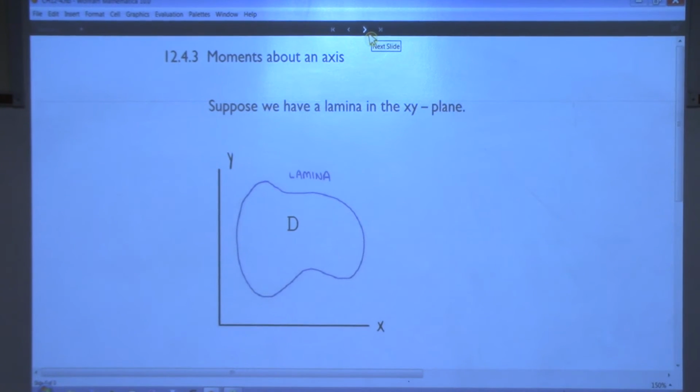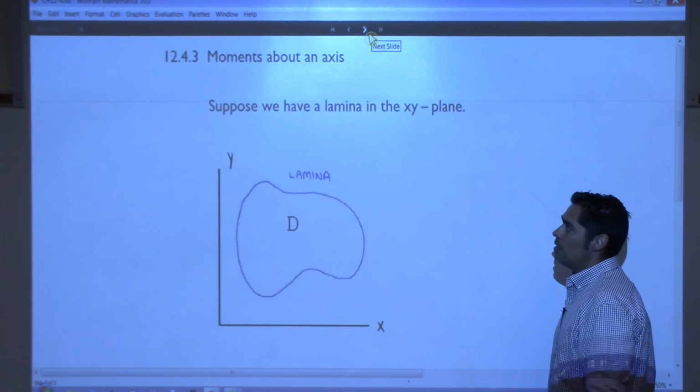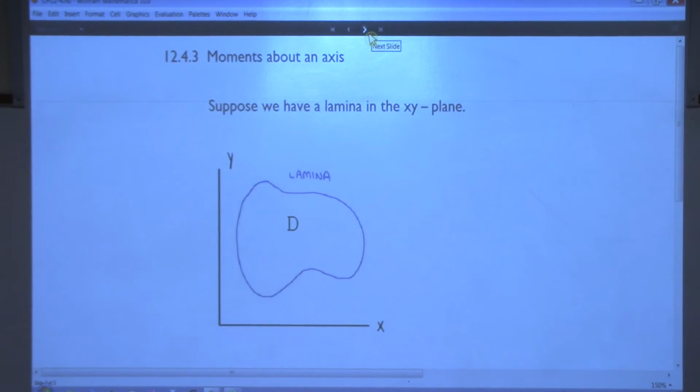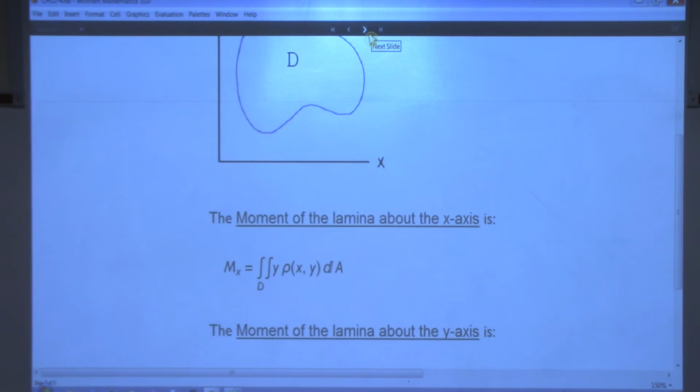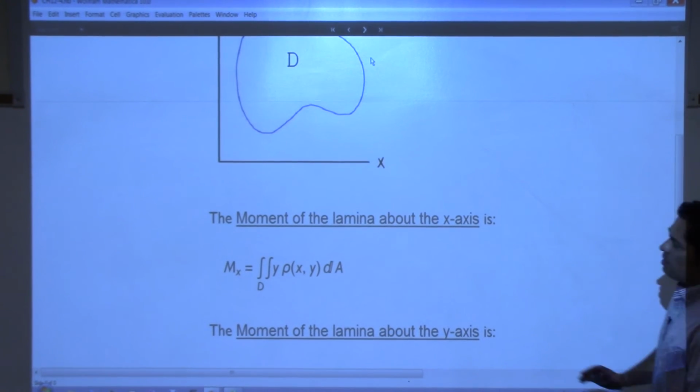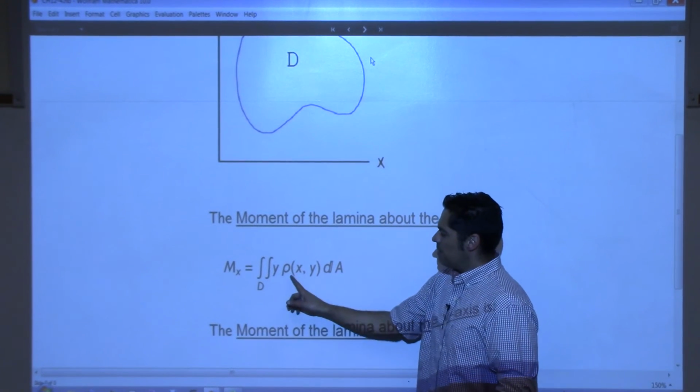Now, along with being able to find the mass of a lamina, you can find what's called its moment. This is a physics concept, and we use the moment to compute something else. So first, let's talk about what the moment is. Same lamina, it's got a variable density, so we still have the charge density, the density function right here.